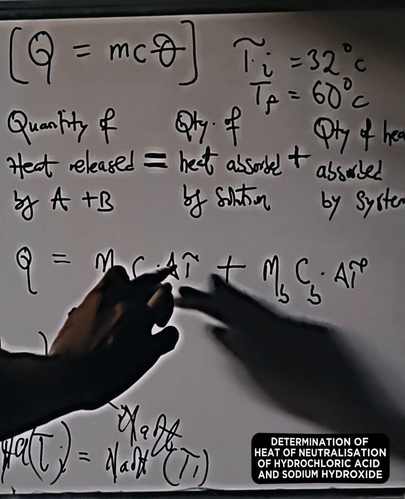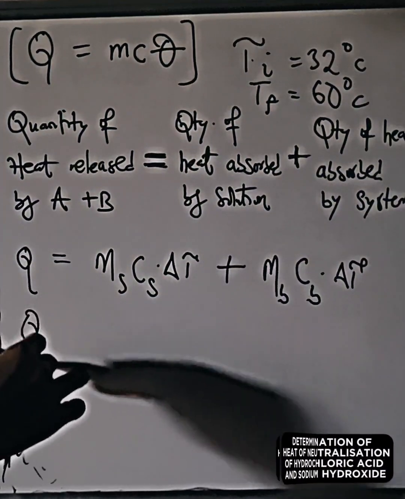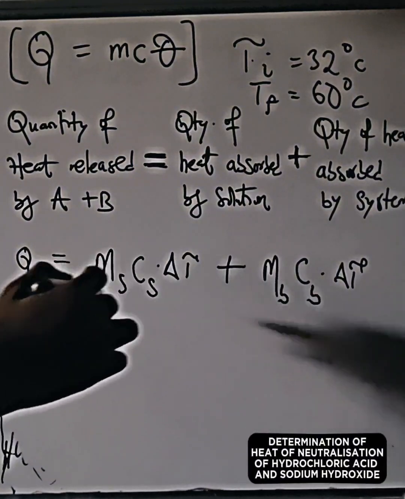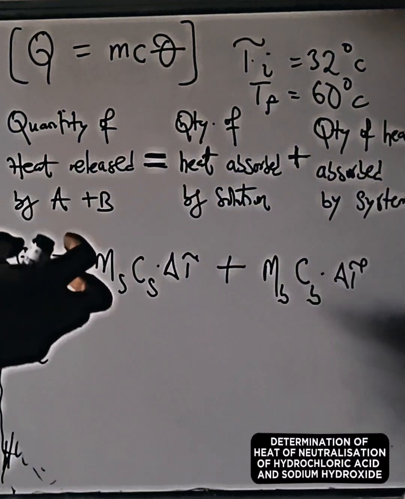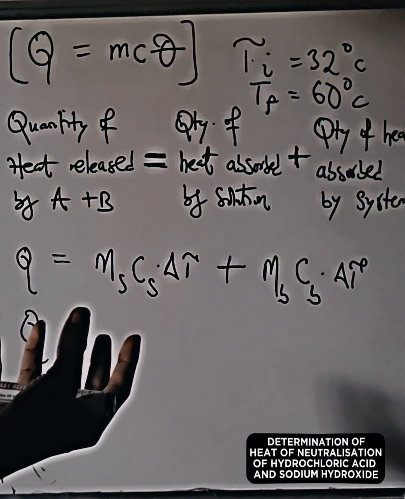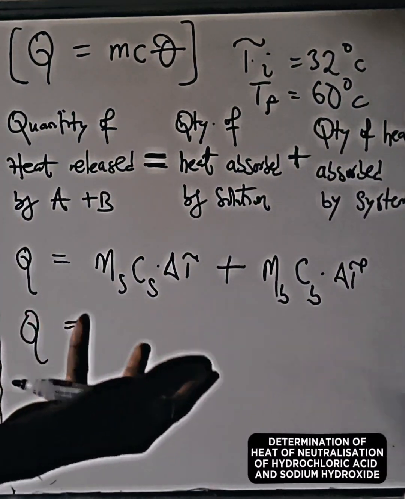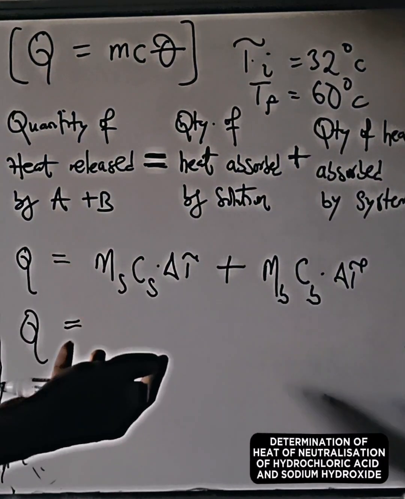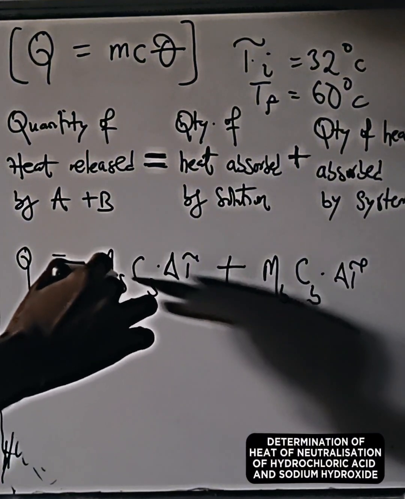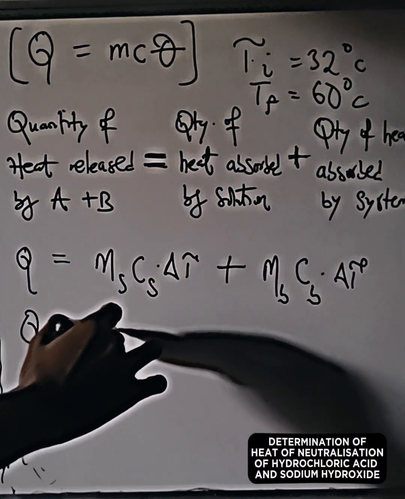Now you're going to insert it here, and for you to do that is quite easy. I'm going to use an example. Let's say the mass of the solution. After you've introduced your acid into the base, you're expected to weigh to know the weight of the solution itself. You can do that by weighing an empty beaker, then weighing the solution before you carry out the experiment. Once you get the mass of the solution, the acid and base, let's say you got it at 150 gram.